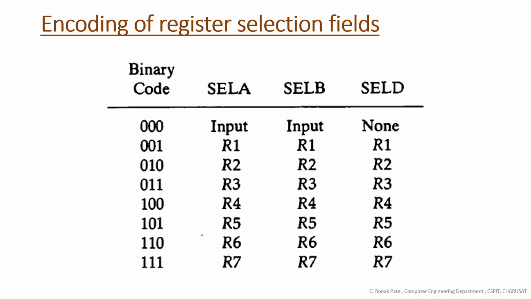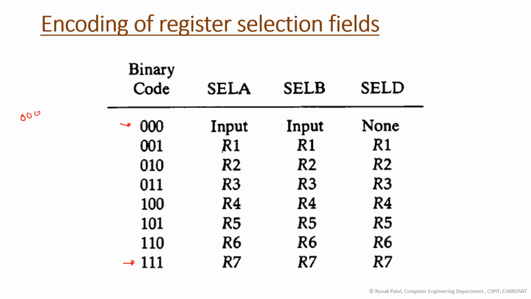Let's see the encoding of register for selection fields. So this is the table and it's very simple. We have 7 registers and one input. So 3 bits are there, and you can go from 000 to 111, right?